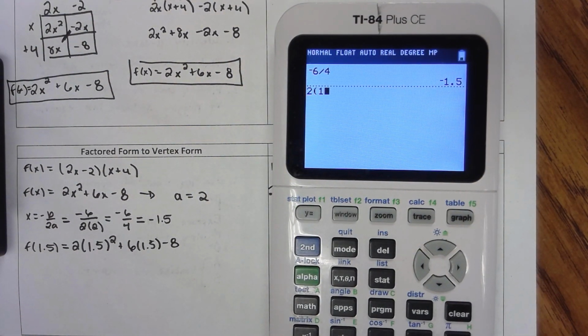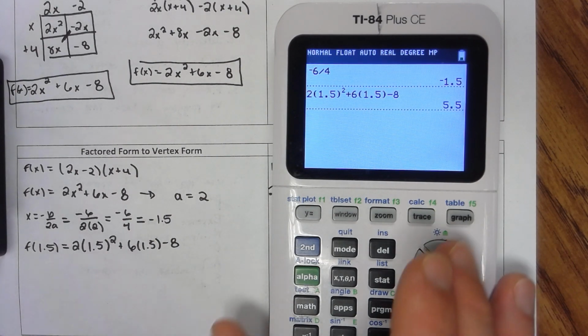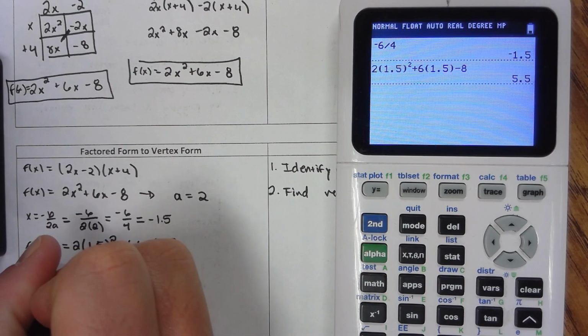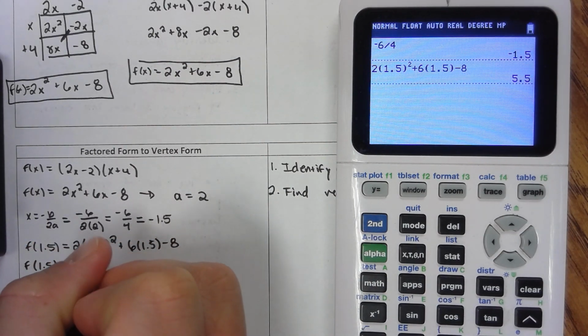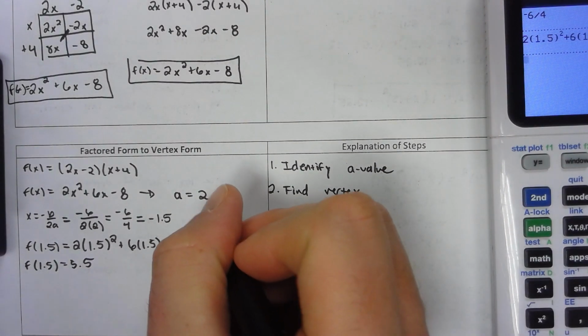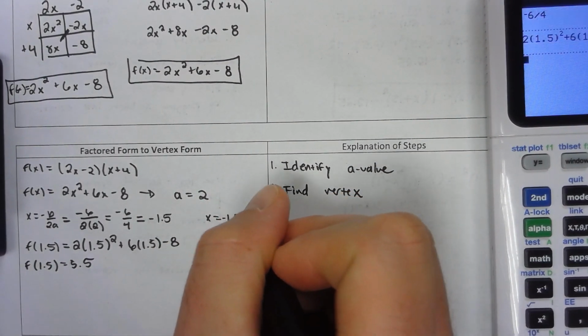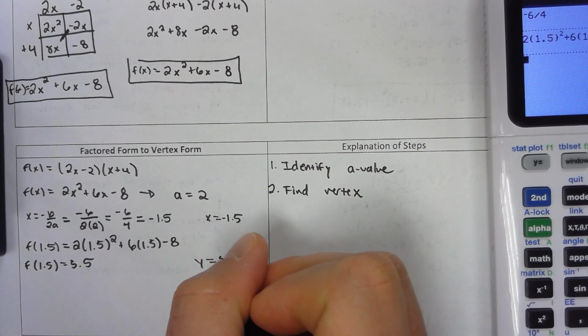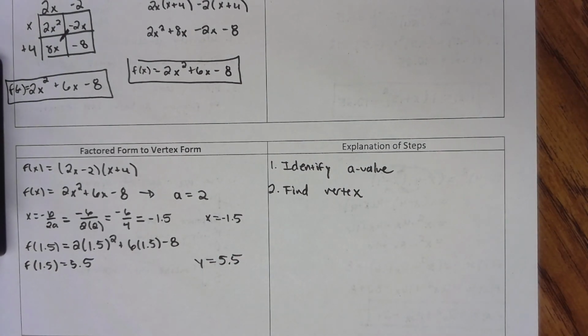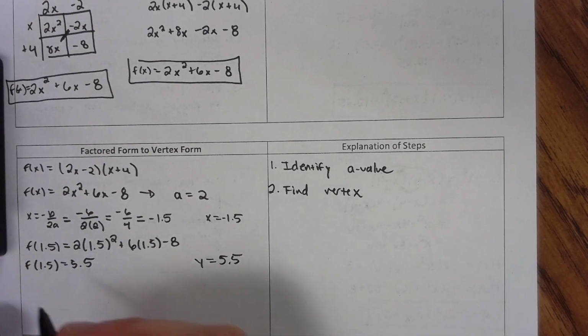So 2 times 1.5 squared plus 6 times 1.5 minus 8. And we get y to be 5.5. So for the vertex, I know x equals negative 1.5, y equals 5.5, and now I just need to piece this all together into vertex form.